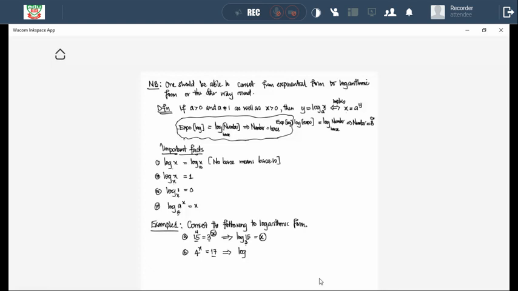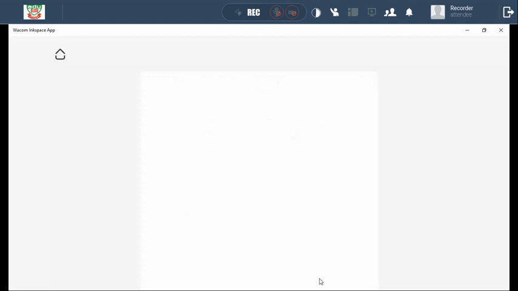What is your number? 17 is the number. So even if they twist and turn it, it's still fine. And what is your base? Your base is 4. The base in the exponential is the base in the logarithmic form. And this is going to be equal to x. The exponent this side is the logarithm that side. I've converted.